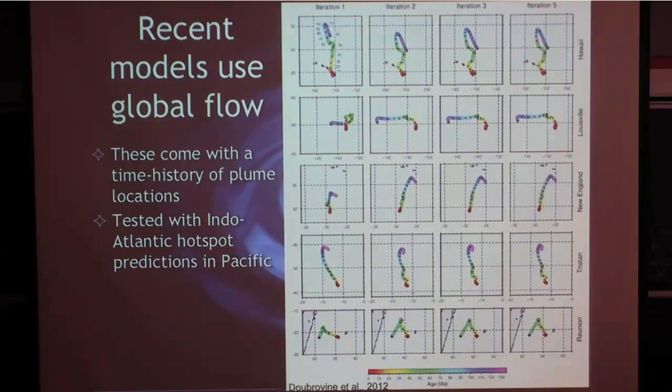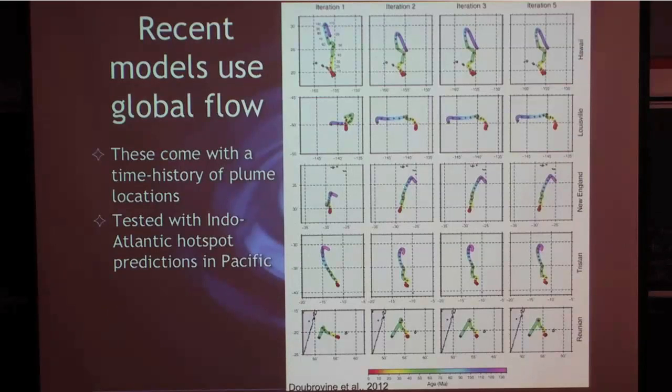But I think more importantly, you have to realize that hotspot fixity in itself is not just amusing. It's also often used to define an absolute plate motion reference frame, and that particular reference frame falls into the plate reconstructions. So they are, as such, not that well constrained.